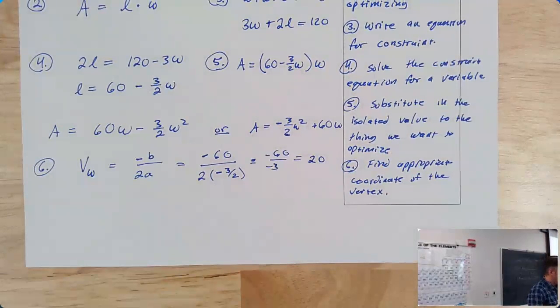All right, so that is the W coordinate of this situation, meaning that is what the width should be. That width value will maximize the area. Do I need to find the other coordinate of this vertex? Maybe. It depends. What did the question ask us to find?